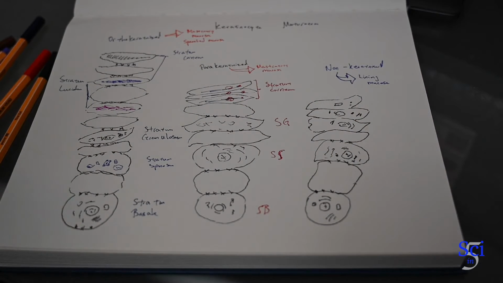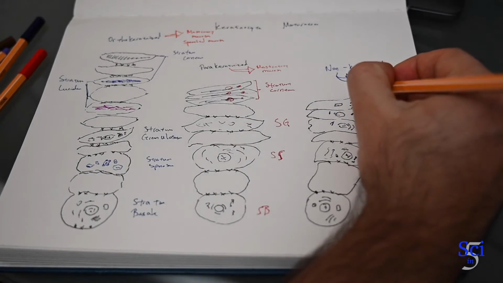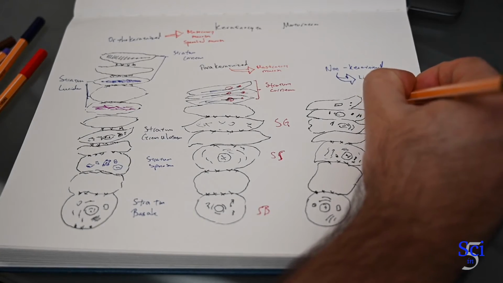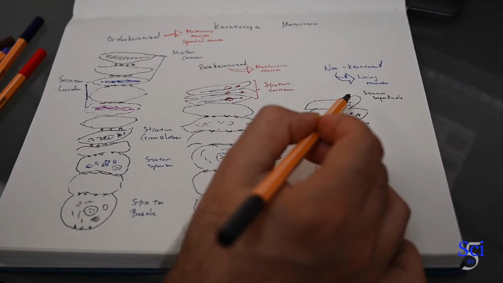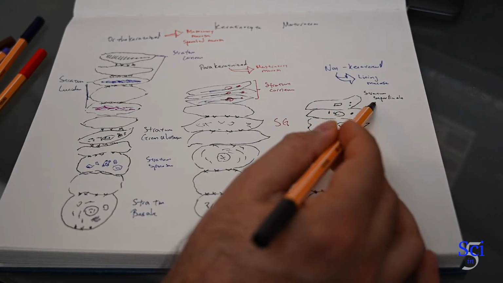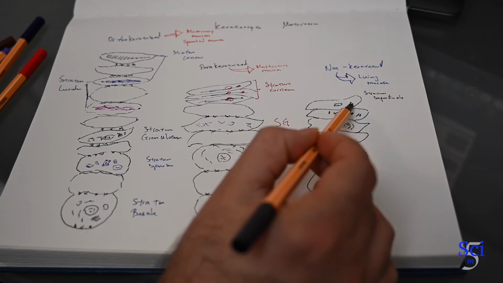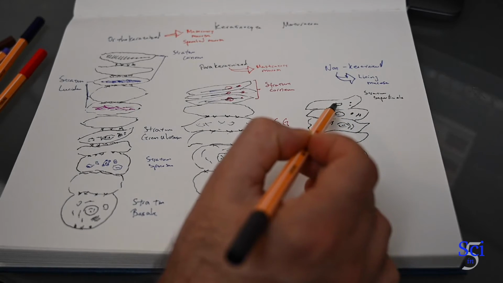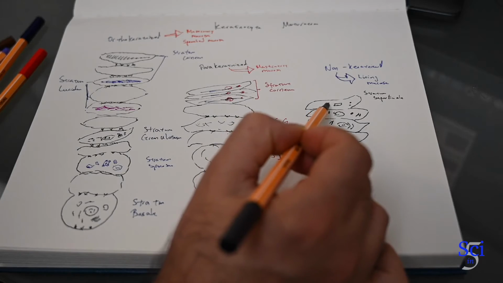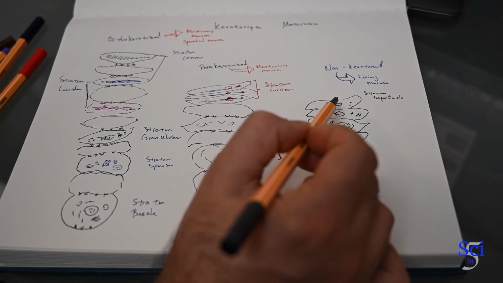Now, in the non-keratinized, we have this new title: the stratum superficiale. If you think about it, it's non-keratinized, it's a superficial layer, hence the name superficiale. We have some nuclei here, some organelles. The big difference now is there's no keratin in this, as the name says.